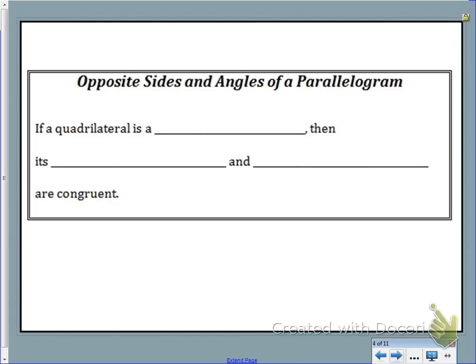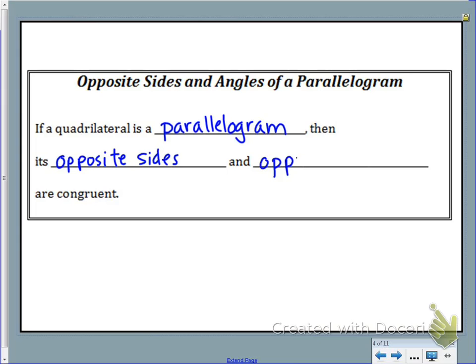One of the traits of a parallelogram deals with its opposite sides and angles. So if a quadrilateral is a parallelogram, then its opposite sides and opposite angles are congruent. So we already saw that the opposite sides are parallel to one another.